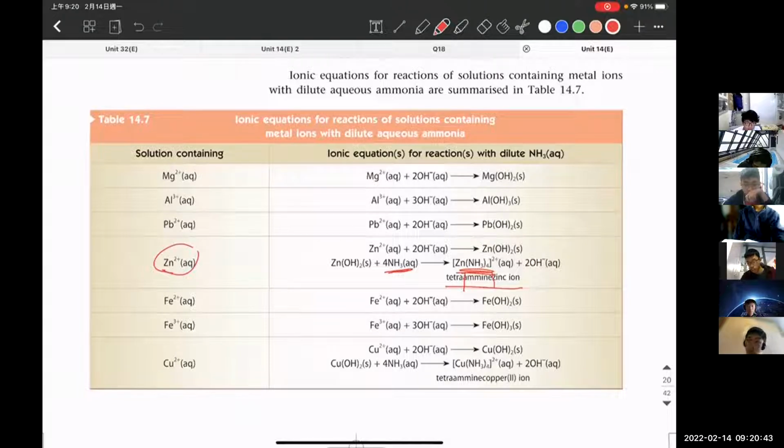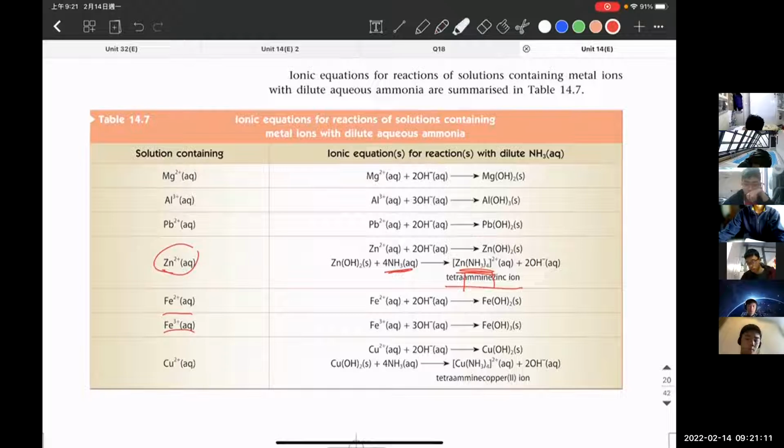This is +2. So you need not intentionally write the oxidation state. But not for iron(II) and iron(III), right? Because they have quite different oxidation states. You want to tell which is which, so you will write them as +2 and +3 respectively. Any questions?